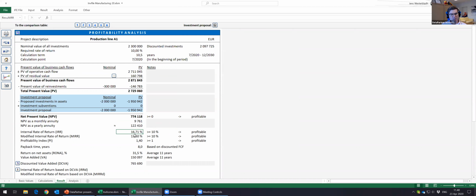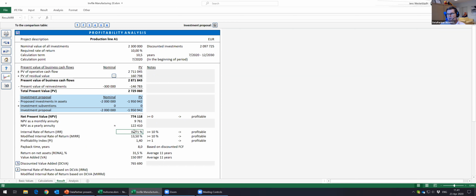And the modified IRR is 13.5%. And again, to explain the difference between these two: the IRR assumes that the profits from this investment that will be mounting up on the bank account are reinvested again, giving the same return, 16.71%.